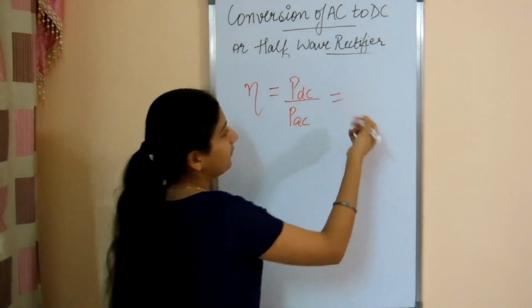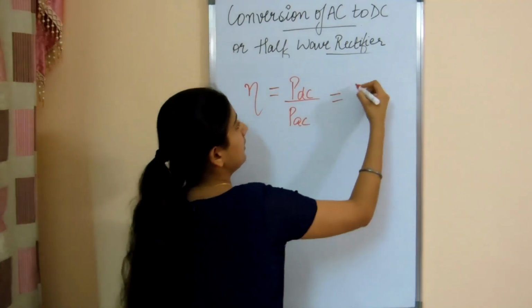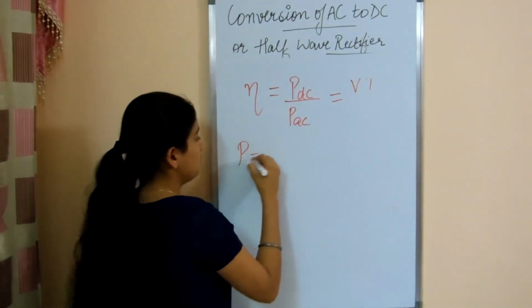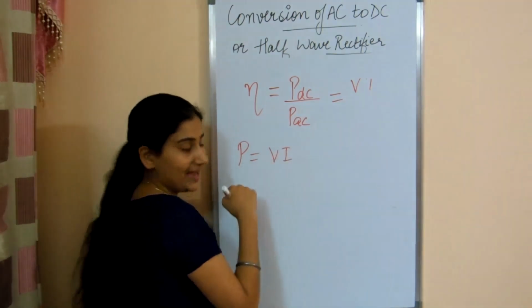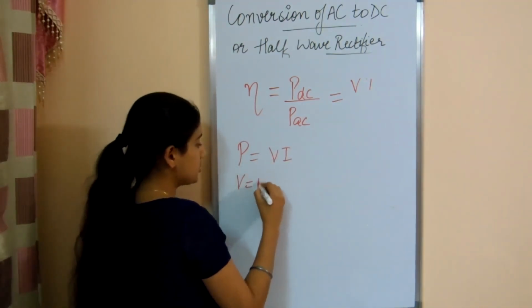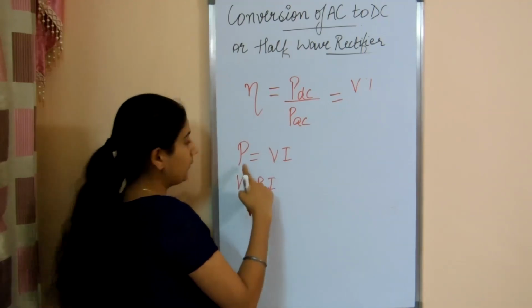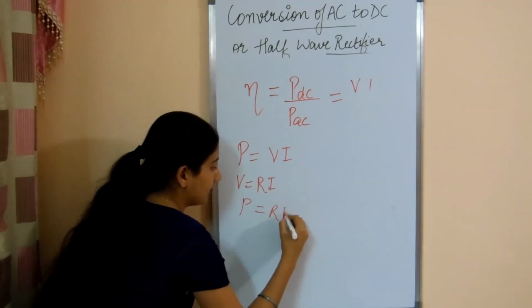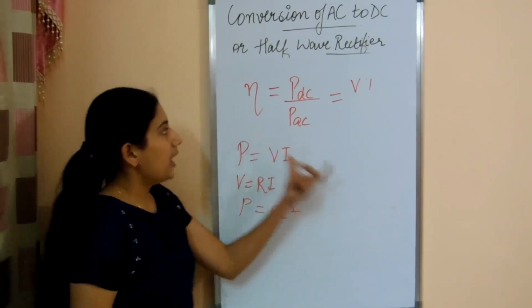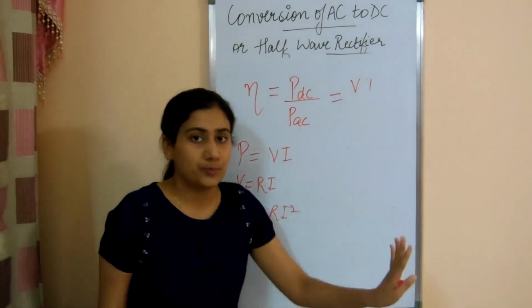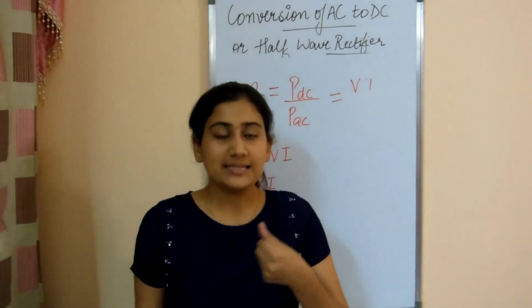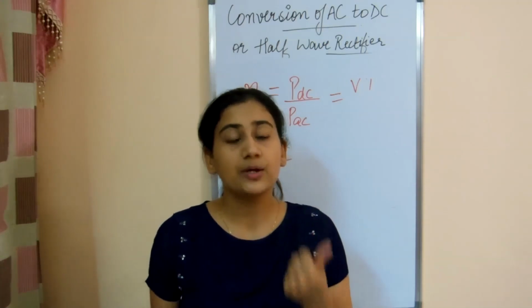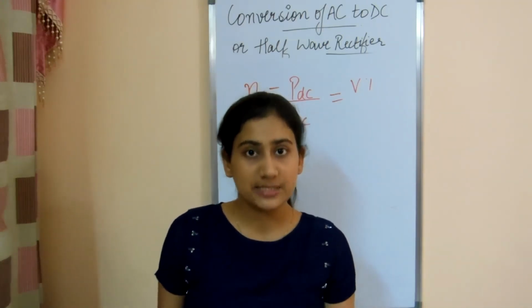So we'll put the formulas here. We know that power is equal to voltage into I, and we know that V is equal to Ri. So we can say that power is equal to Ri square. Now when I have got the output, I know the output has come after moving through the diode and the load resistance, and we know that the diode had internal resistance small r.